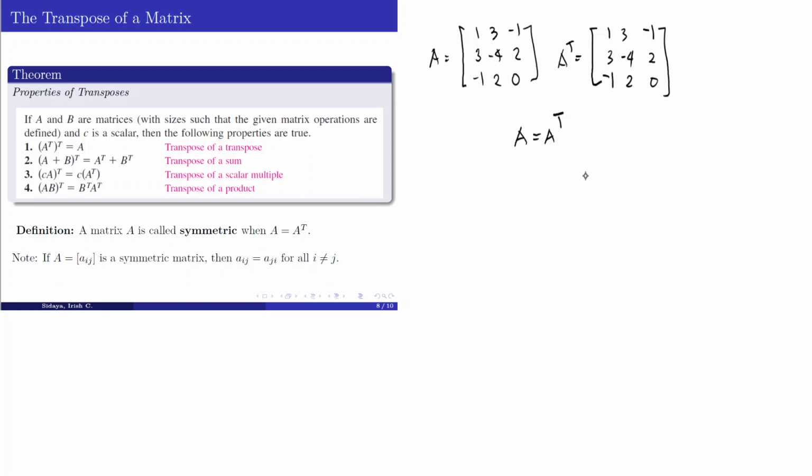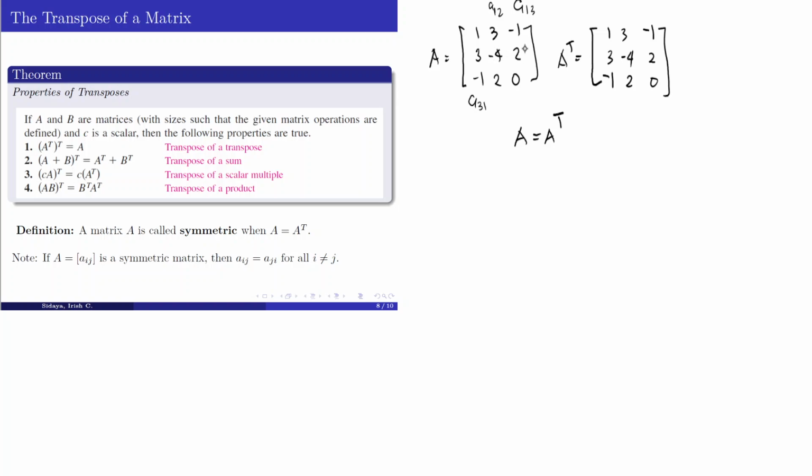Since the entry A12, for example, is equal to A21. So this A12 is just equal to this entry A21 here. Then also, your A13 is just equal to the entry A31.